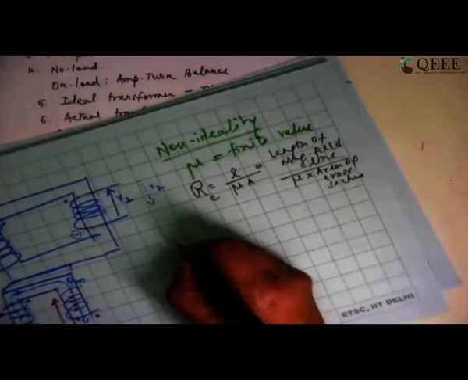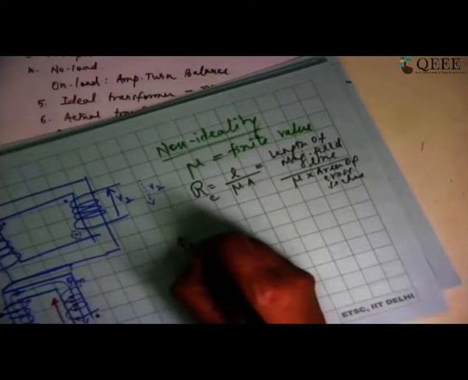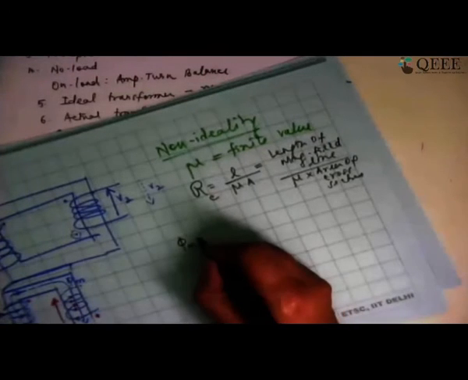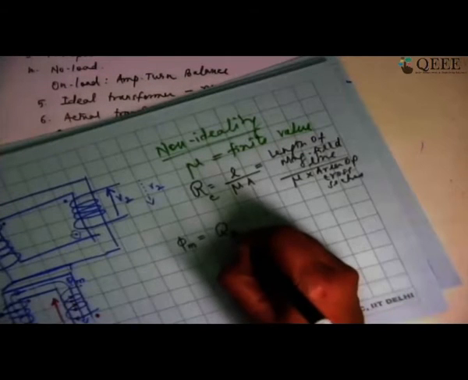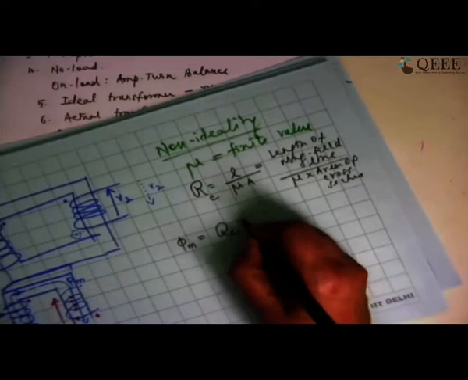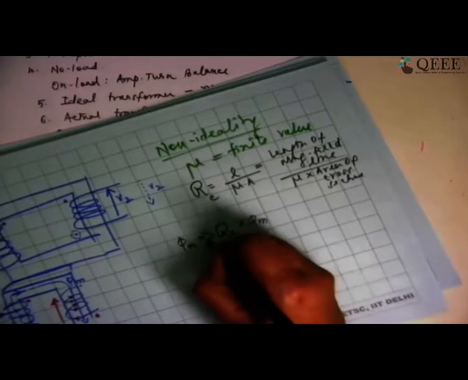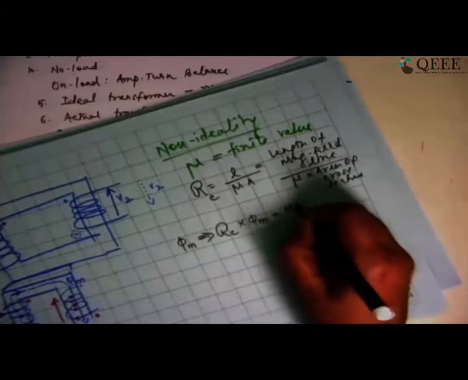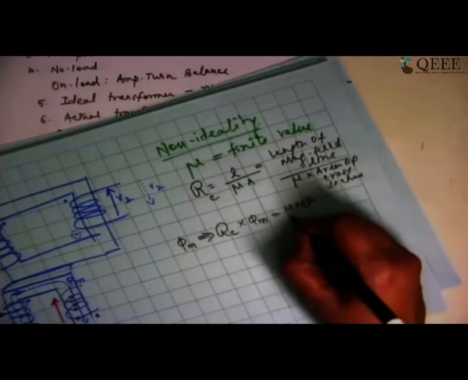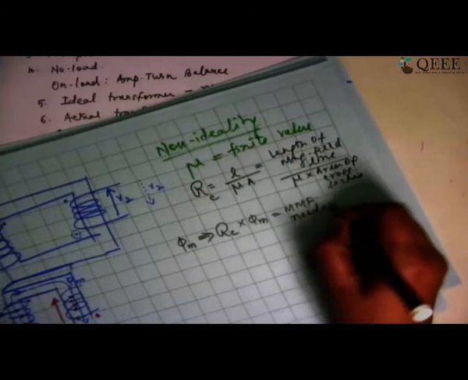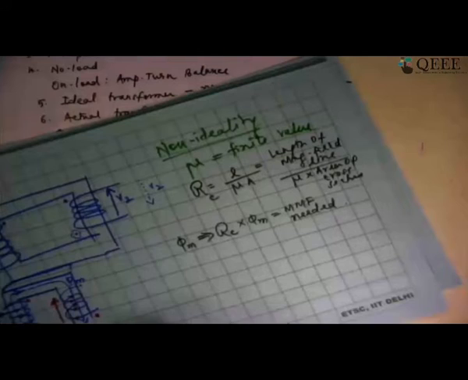Now, if the flux is phi m, which is actually linking both primary and secondary, the reluctance of the core multiplied by this phi m will give me whatever is the MMF or magnetomotive force that is needed from the primary side to establish a flux of phi m.